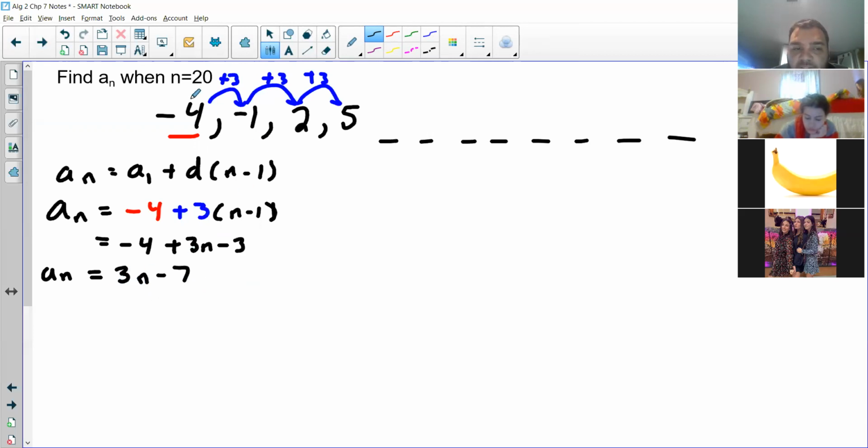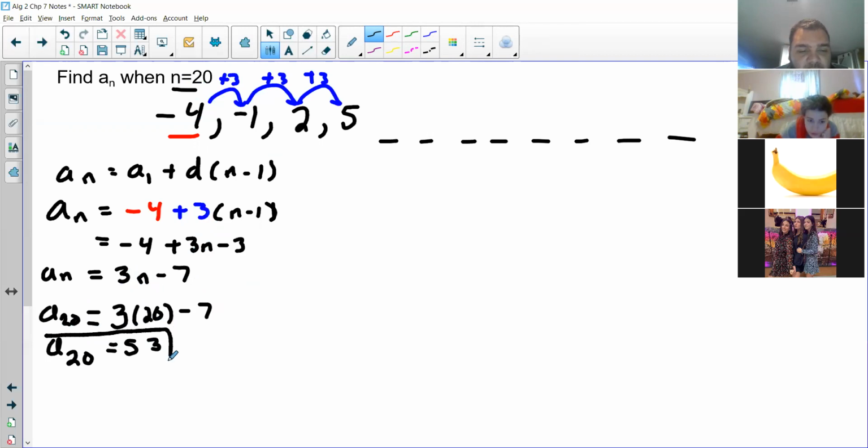It's very simple. Since I'm looking for when n is 20, I just plug in 20. So 3 times 20, literally your calculator could do this for you. 3 times 20 is 60, minus 7. So that's going to be 53. So your A of 20, your 20th step, is 53.